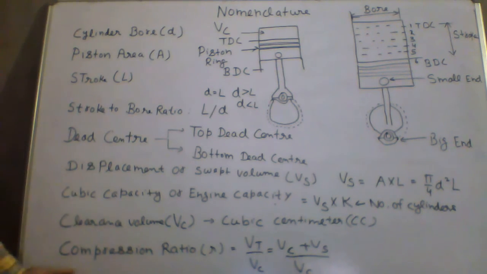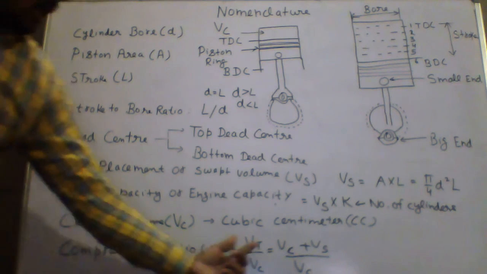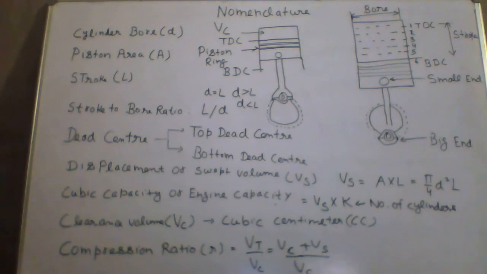Next is your compression ratio. It is the ratio of total cylinder volume when the piston is at bottom dead center to the clearance volume.